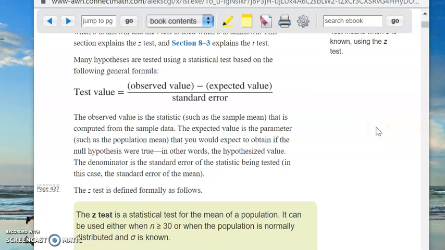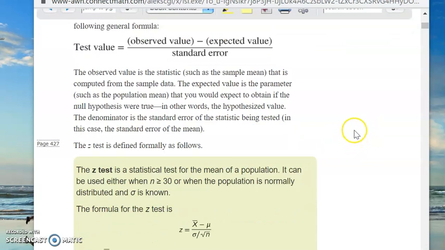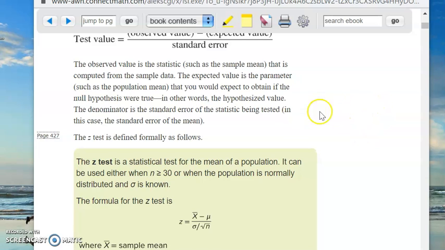So remember, the null hypothesis is basically the status quo. That's what we expect to have true. We expect it to be this. The burden of proof is on the alternative hypothesis. So that's why the author says that the expected value is what you would expect to obtain if the null hypothesis happens to be true. I didn't say that right.